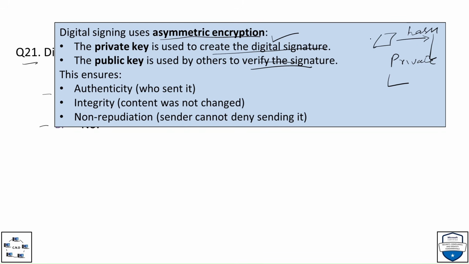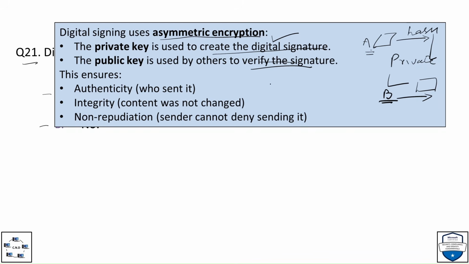So if this is user A, we have user B. User B can then use user A's public key to decrypt this hash. If it is decrypted, it means that this message is from user A, because user A has exclusive access to his private key. So this ensures authenticity. B is sure that the message has been sent by A.